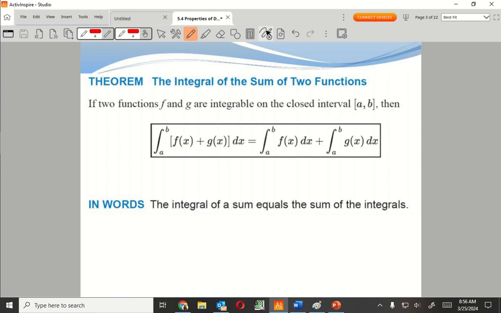We had a positive part and we had a negative part, but if we were trying to find all the area under the curve, we would actually have to split it up because one is counted as negative. So all the area itself needs to be accounted for. So anyway, the integral of the sum equals the sum of the integrals. So basically, we're breaking it up into two separate integrals.